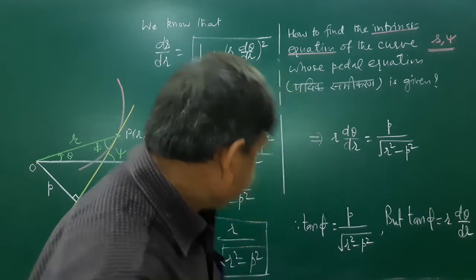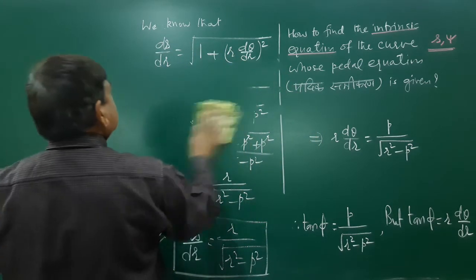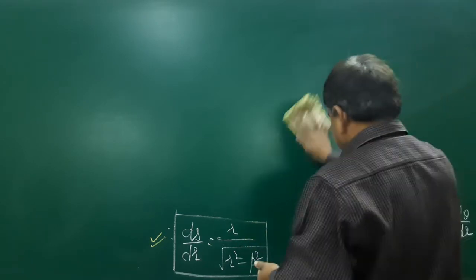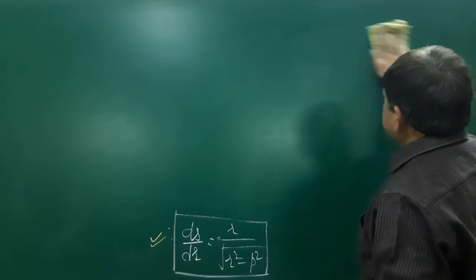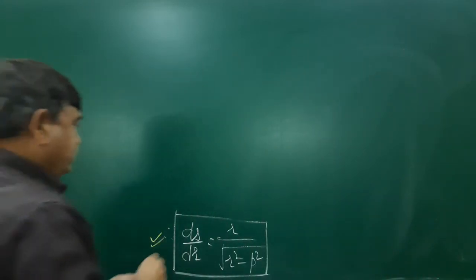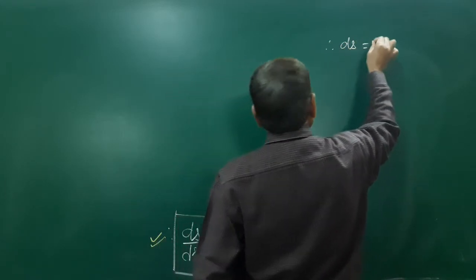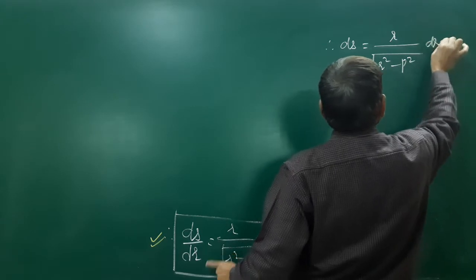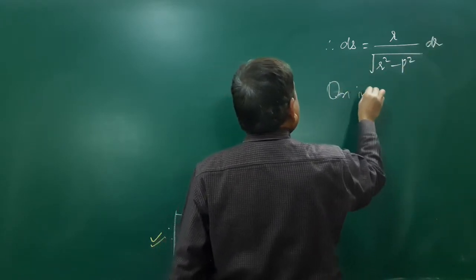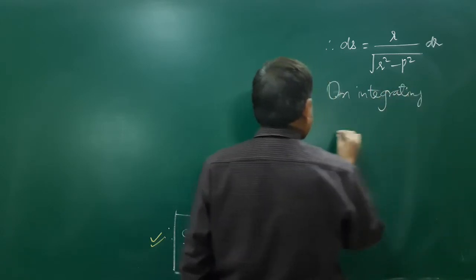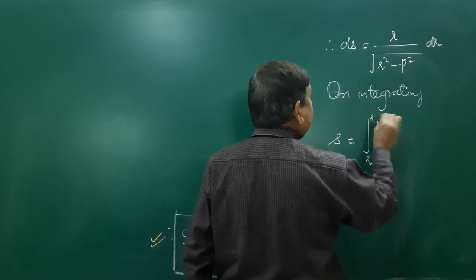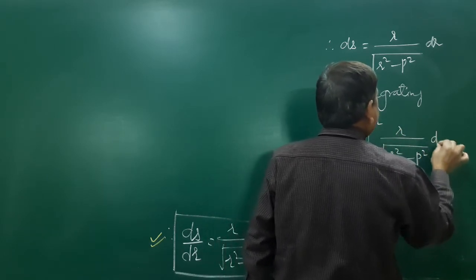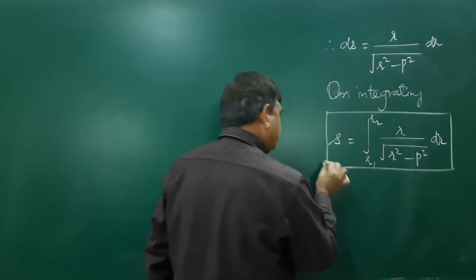So let us say, therefore, ds equals r upon under root r square minus p square dr. On integrating, the arc length s, from r1 to r2, is the integral of r upon under root of r square minus p square dr. This you have to remember.